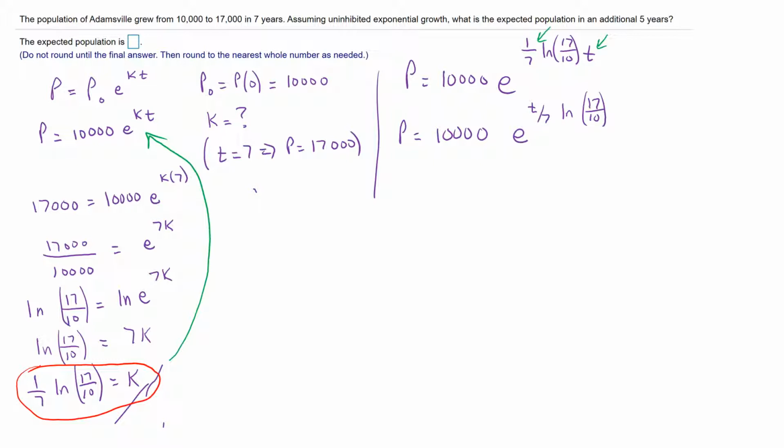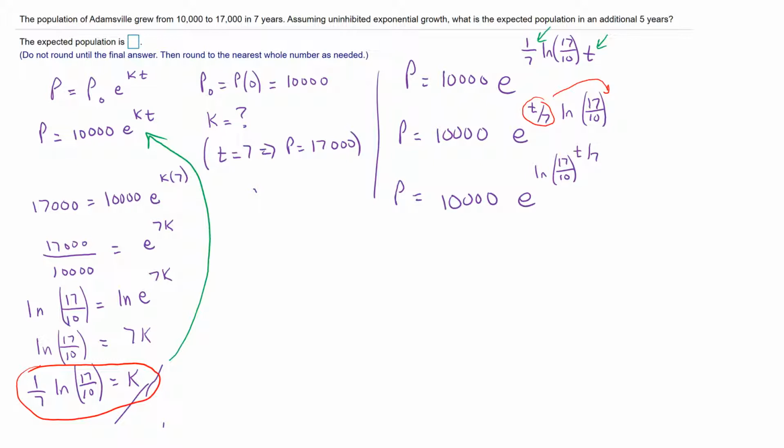At this point, I can take advantage of the power property of logarithms, which tells me that I can take this number and move it to the exponent spot on the logarithm. So P equals 10,000 e to the natural log 17/10 raised to the t over 7 power.